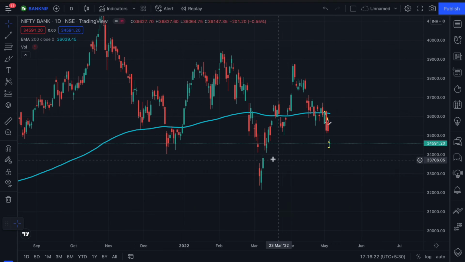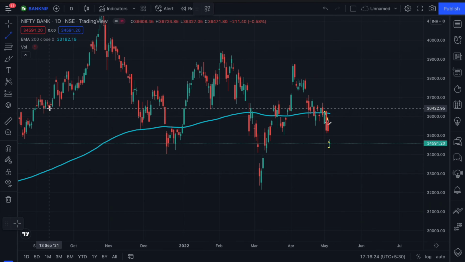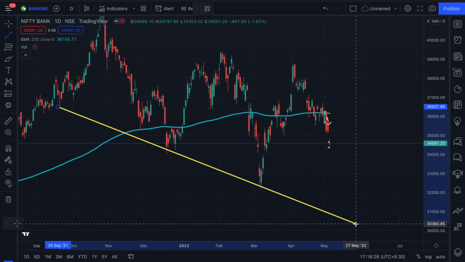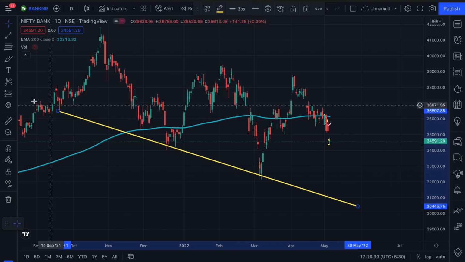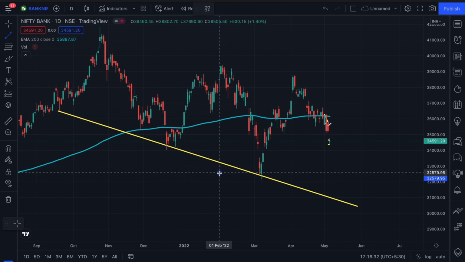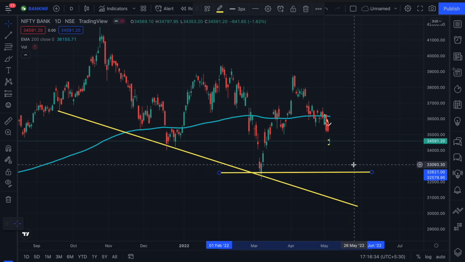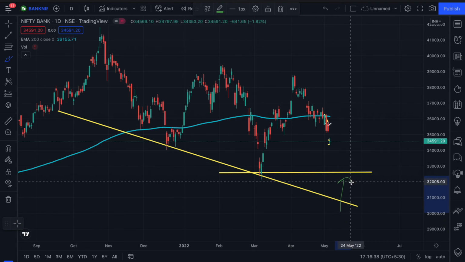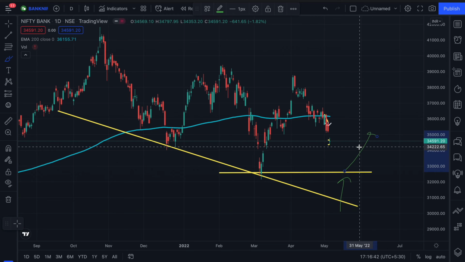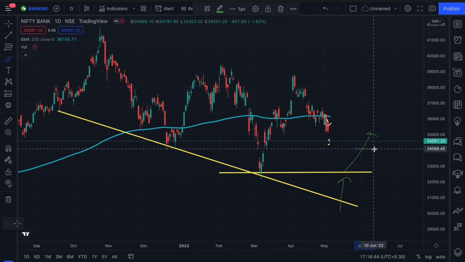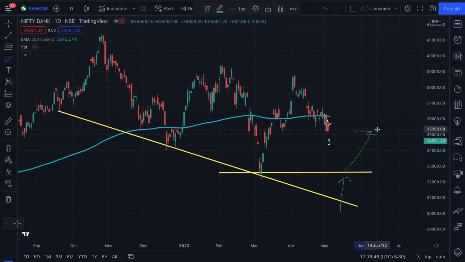So Bank Nifty may retrace, if it follows this trend line, to about the 30k mark. Major downside, but yeah, even if it retraces to about the 32,600 mark, from there on, if we see a nice bounce, then we can also trade in the monthly options, most preferably the 34,000 C, the 35,000 C, right?